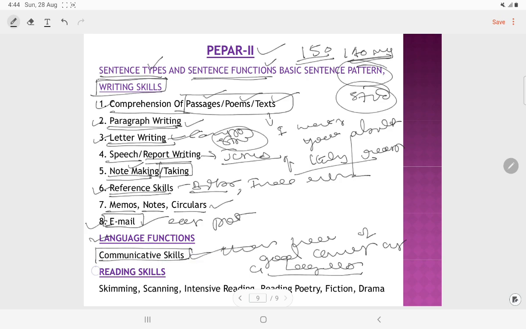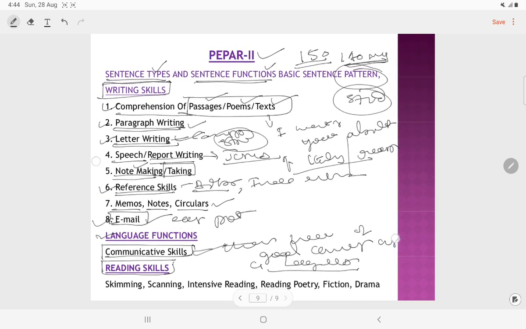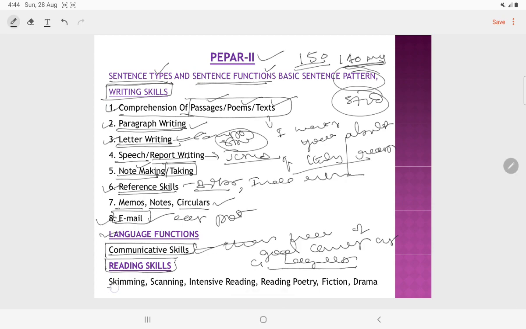And next, as a teacher of English, we must have some reading skills to teach students, like skimming, scanning, intensive reading, reading poetry, fiction, drama. We will have a separate class on reading poetry, fiction and drama. Basically we need to understand these terms and their meaning and application.